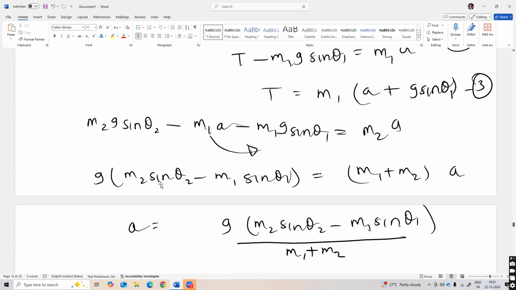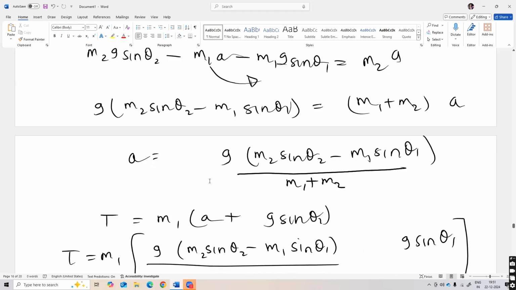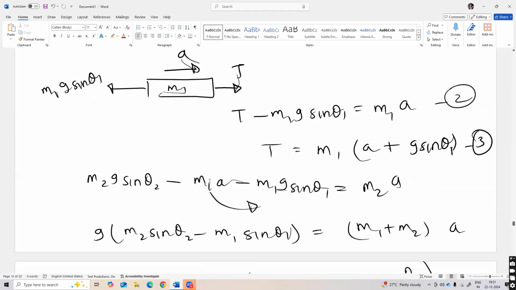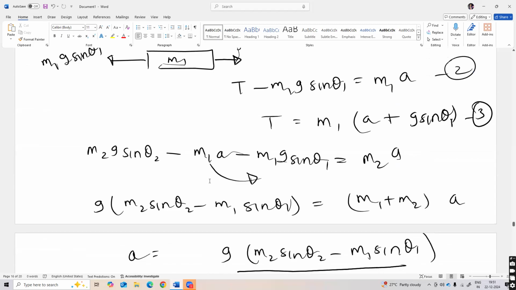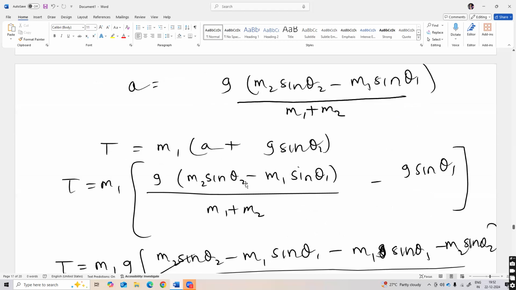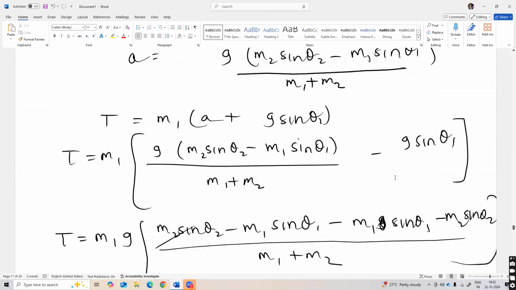If we take g outside, we get m2 sine theta 2 minus m1 sine theta 1 is equal to m1 plus m2 into a. It looks correct. Then T is equal to m1 times a plus g sine theta 1, where a is g times m2 sine theta 2 minus m1 sine theta 1 divided by m1 plus m2, minus g sine theta 1.